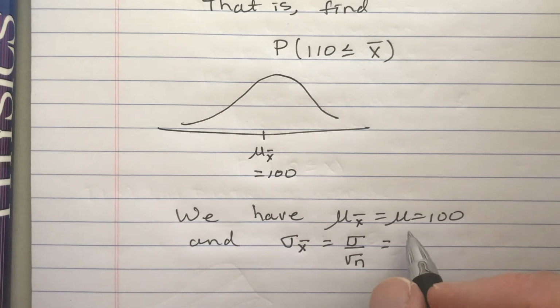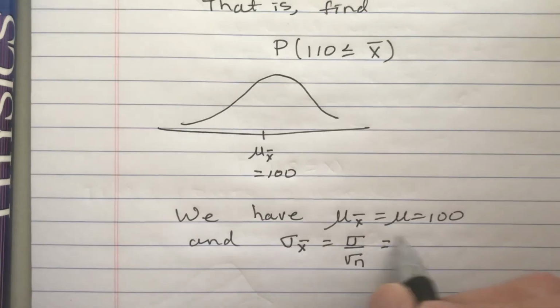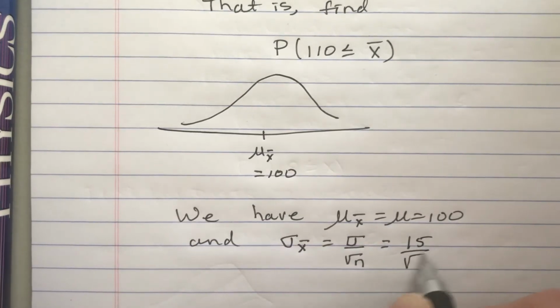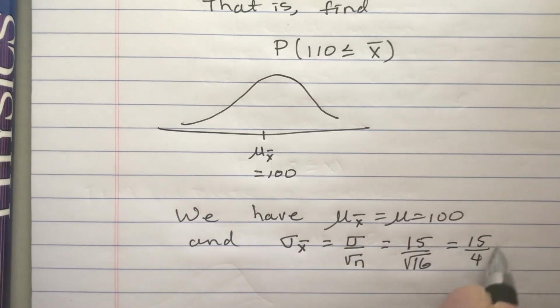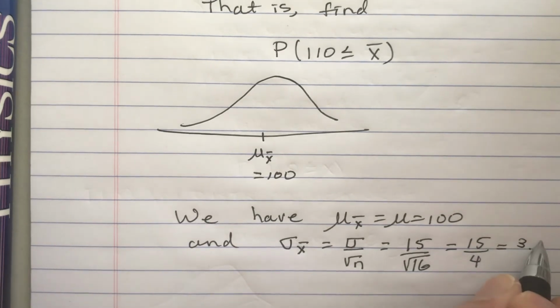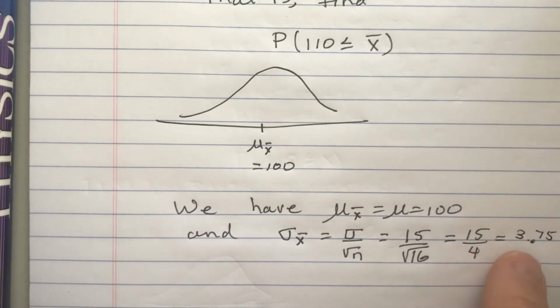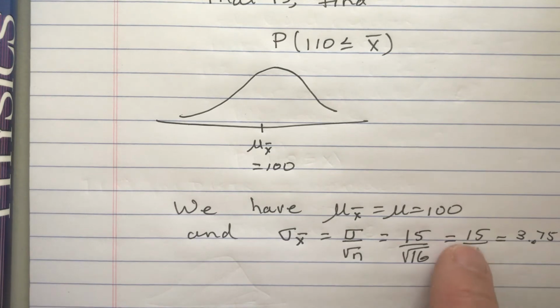So for the population, standard deviation is 15, and then we take square root of n, which is 16. So that's 15 over 4, which is 3.75. The thing is, don't round that number. This turns out to be exactly 3.75, but don't round it off. When you're doing your calculations, it's way better to put it into the calculator as is.